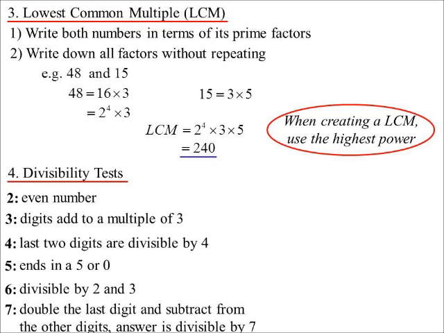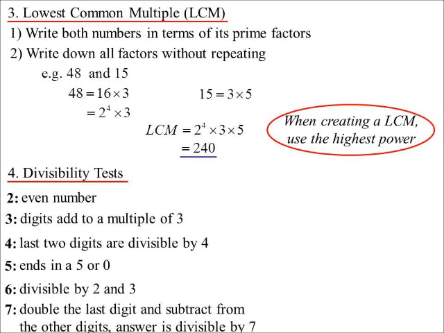7 is a very tough one. I know you're just reading, you're cheating. Okay, so you double the last digit and subtract it from the other digits, and the answer should be divisible by 7. Okay? Let's find a multiple of 7, which is relatively easy to work with.